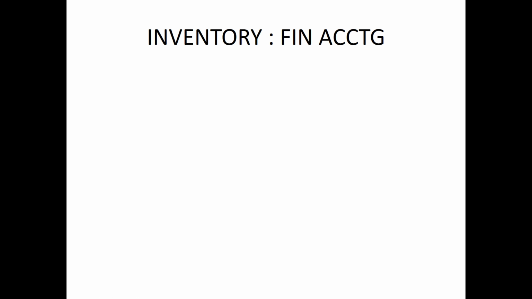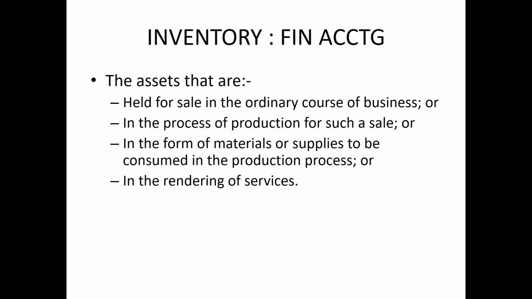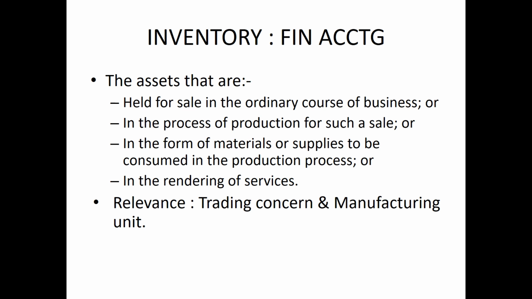Inventory in accounting: the assets that are held for sale in the ordinary course of business or in the process of production for such a sale, in the form of materials or supplies to be consumed in the production process, in the rendering of service. The relevance is the trading concern and the manufacturing unit. The loose tools versus the spares.